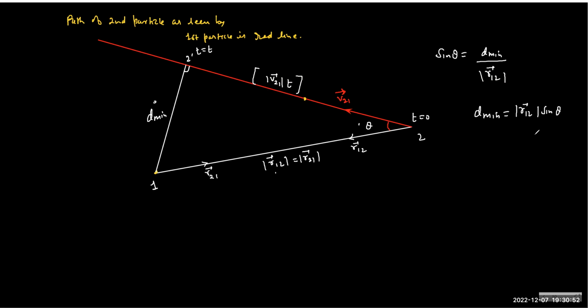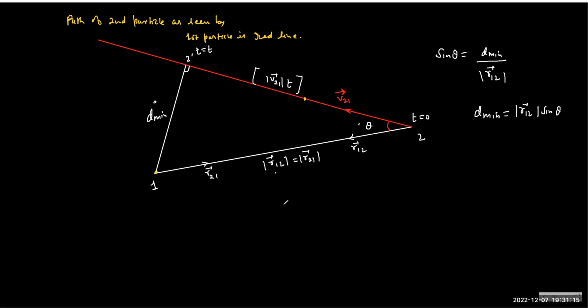But is theta given to you? Do you know theta? The answer is no. What is given to you? Only the position vectors and the velocity vectors, R1, R2, V1, V2. So theta is not given to you. So how to get theta in the vector form?